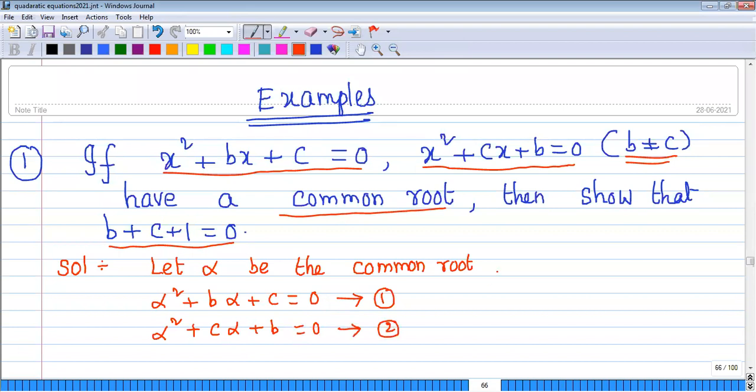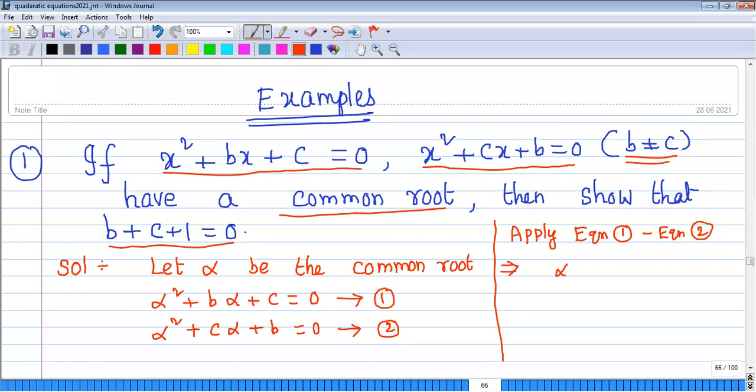It's very simple, solving 1 and 2. Subtract 2 from 1, equation 1 minus equation 2. So what do you get?